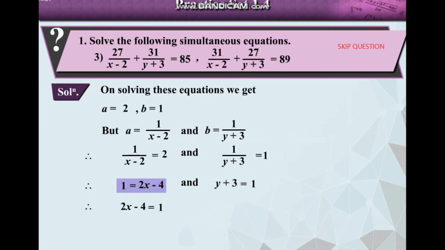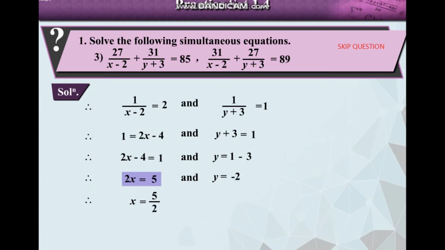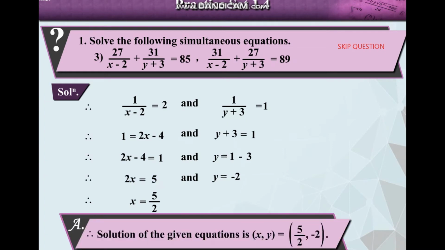Therefore, 2x minus 4 is equal to 1 and y is equal to 1 minus 3. Therefore, 2x is equal to 5 and y is equal to minus 2. Therefore, x is equal to 5 upon 2. Therefore, solution of the given equations is (x, y) is equal to (5 upon 2, minus 2).